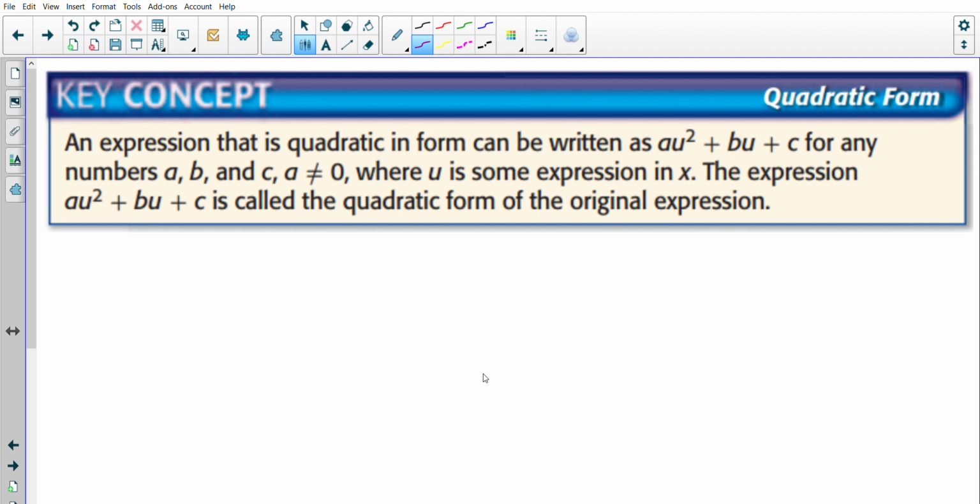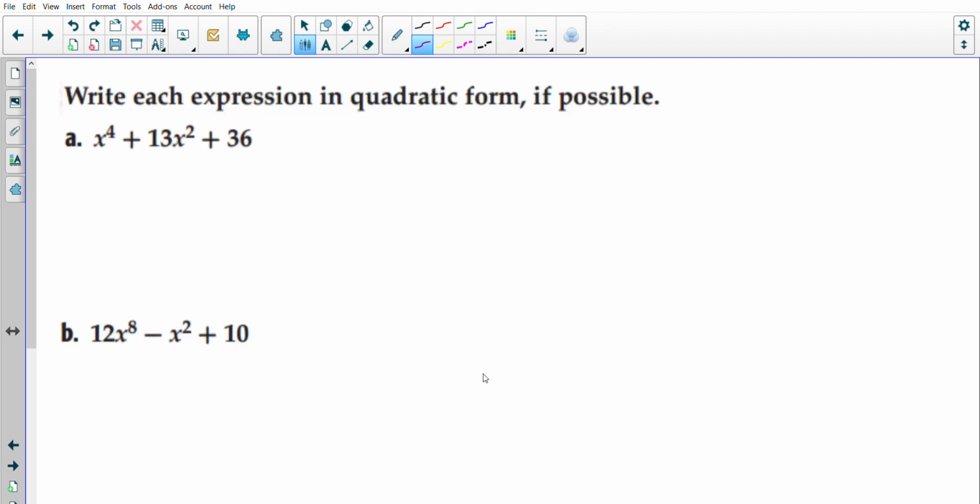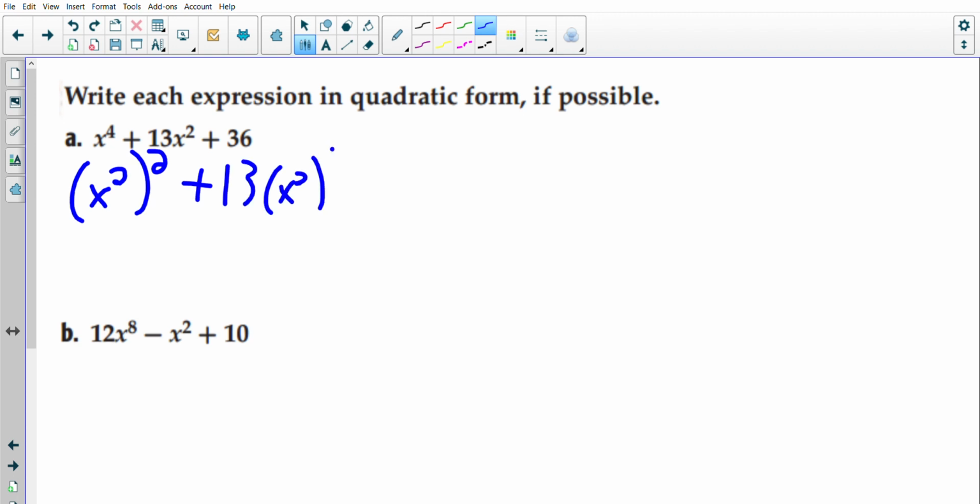Okay. Now, this sounds kind of convoluted, but it's actually a pretty simple concept. So when we look at this, write each expression in quadratic form if possible. So that tells you not always it'll be possible. Now, I want to think of this as, can I rewrite the x variable in the form of u? So I can actually rethink of this as x squared squared plus 13 times x squared to the first plus 36, because that's how we normally look at quadratic.